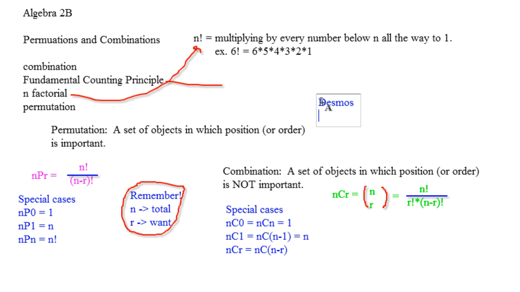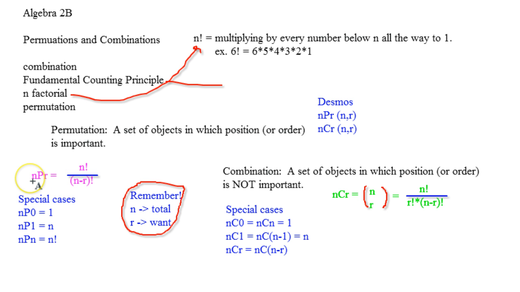If you wanted to use that calculator, you would type NPR, just like this, and then parentheses with n, comma, r. The same thing goes for combination. So that's how you put it in Desmos.